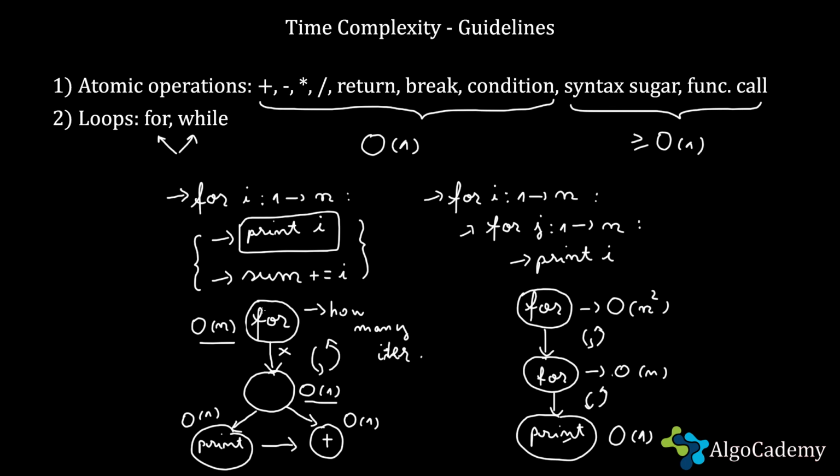And also for this rule, you need to be careful about one thing. And that thing is whether the number of iterations that this son node does depends on the parent loop or not. If they are completely independent, then it's perfectly cool.